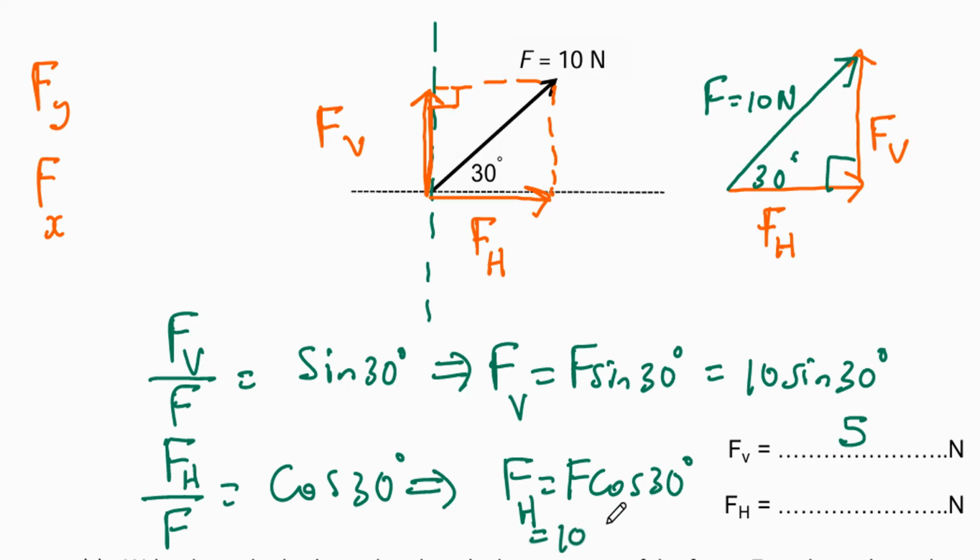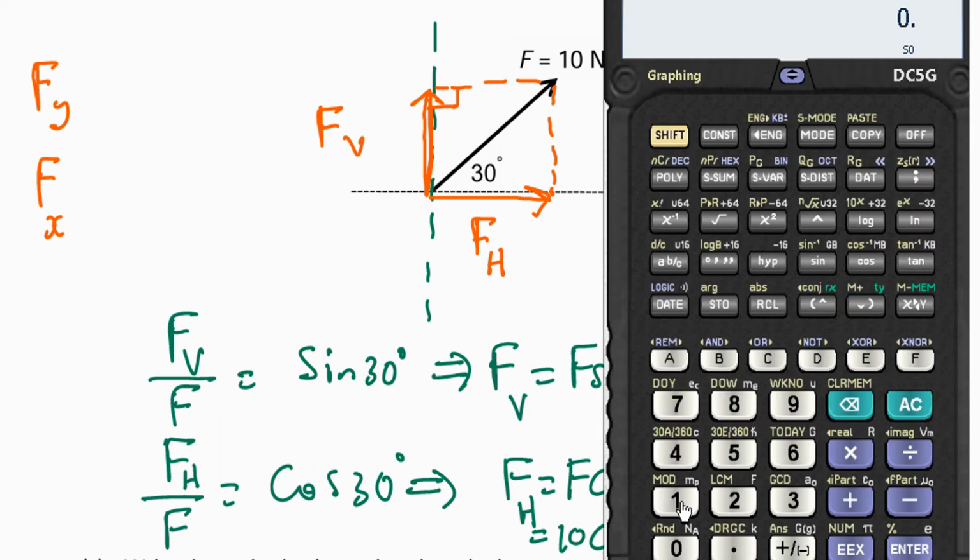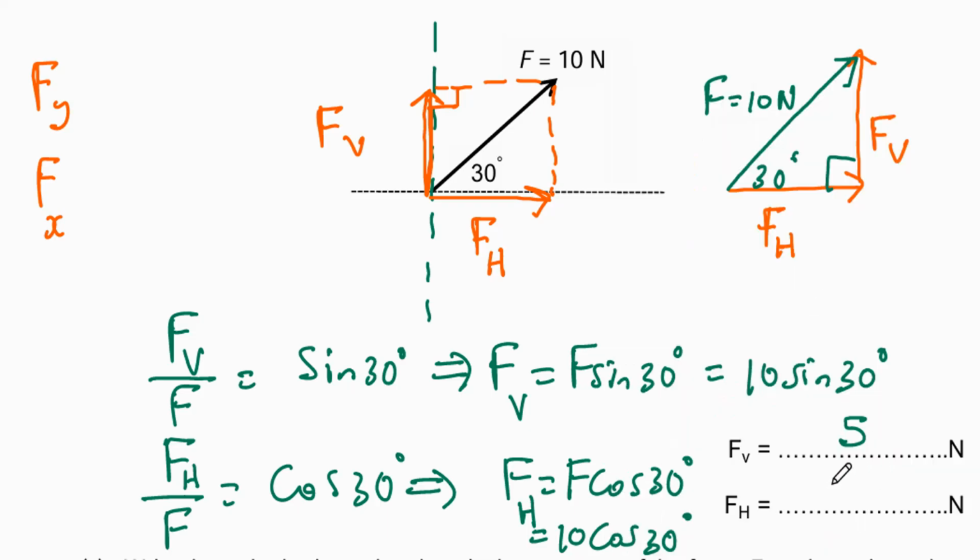So 10 cos 30. So 10 times the cos of 30. And we get 8.66, which we can round to one significant figure, to 9 newtons.